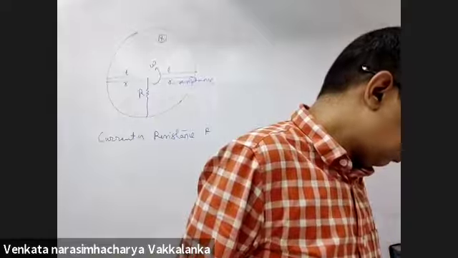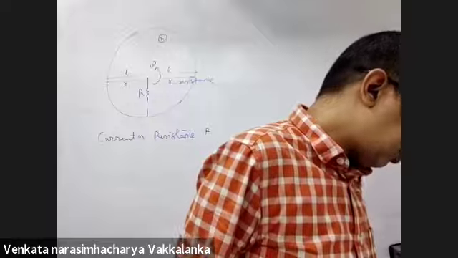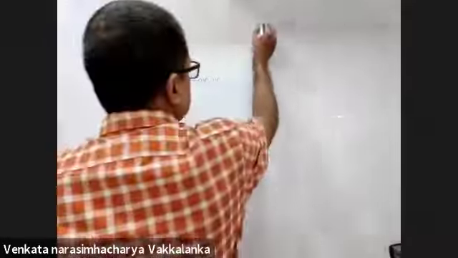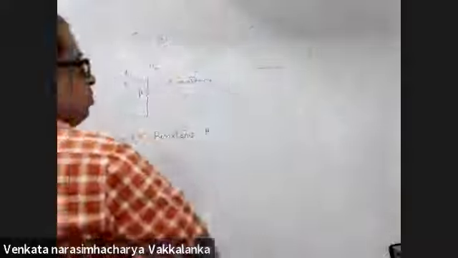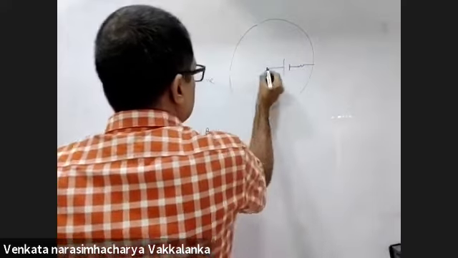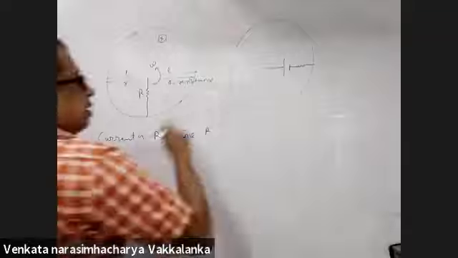B omega L square by 2 times R plus R by 2. Okay, that way I don't remember. Now I will redraw this. This is VBI, going downwards, so VBI is negative.